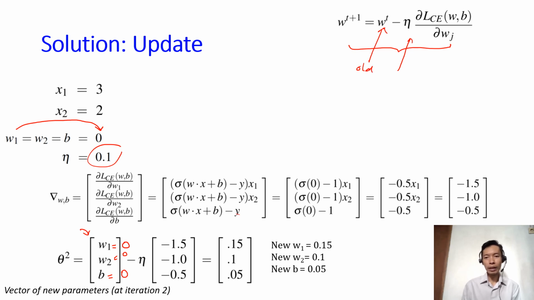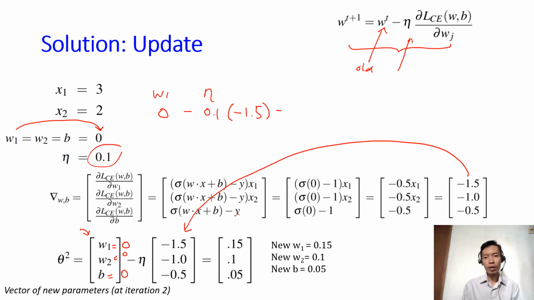So you plug in the vector of gradients there. For the first row, W1 is 0, eta is 0.1, and the gradient with respect to W1 is minus 1.5.